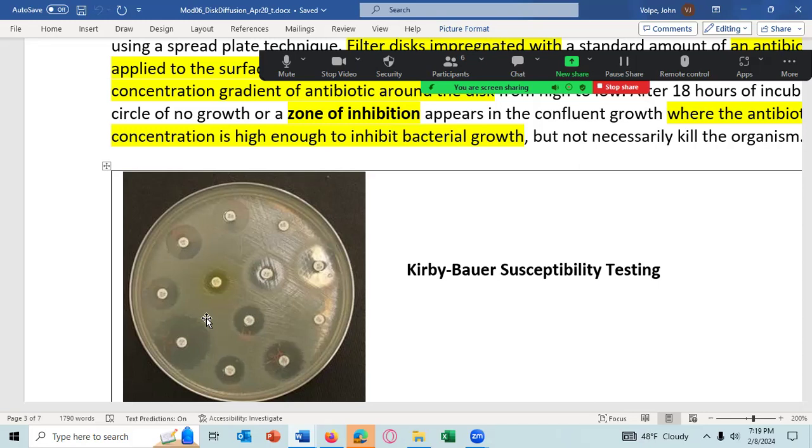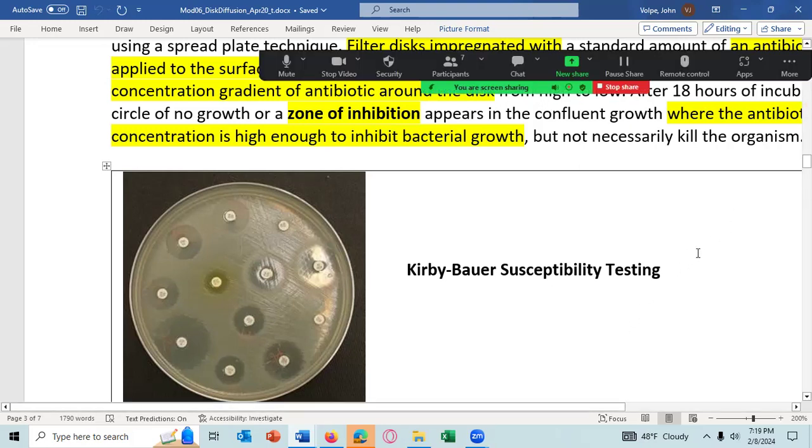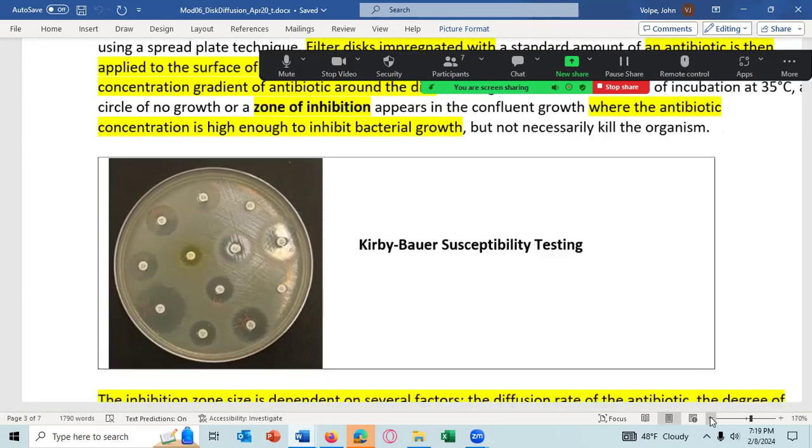Now, this one's showing several which the bacteria is sensitive to, but you could have a disc plate where the bacteria is resistant to many of the different antibiotics, and then you're looking for one antibiotic that the bacteria would be sensitive to. And then you would give that antibiotic to this patient for the disease of the patient to be cured, the bacteria to be cured from the patient.